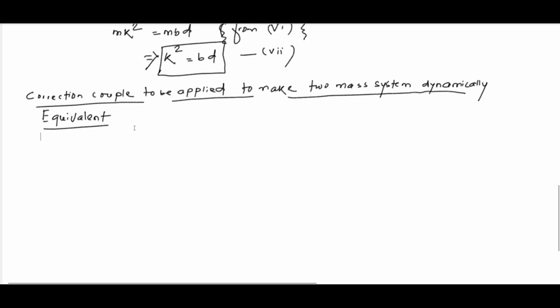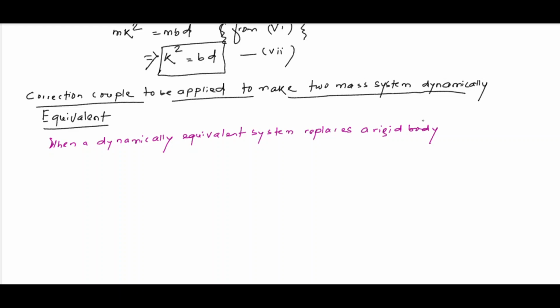Let me change the color. So we can write here that when a dynamically equivalent system replaces a rigid body, the two point masses can't be placed arbitrarily.